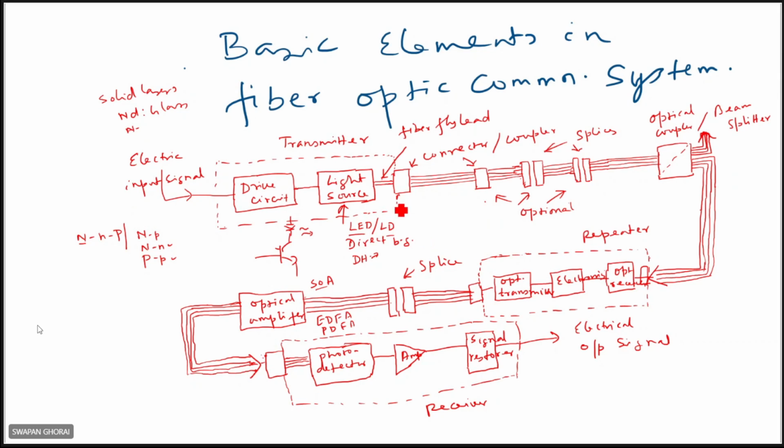Accordingly, they can be used as a power amplifier, an inline amplifier, or a pre-amplifier. When used just before the photodetectors, they are called pre-amplifiers. Instead of repeaters, if it is used, then it is called an inline amplifier.